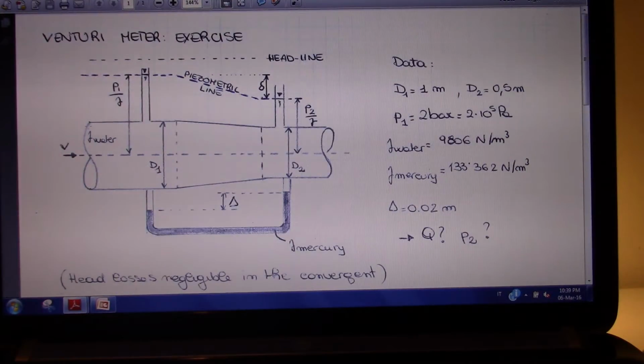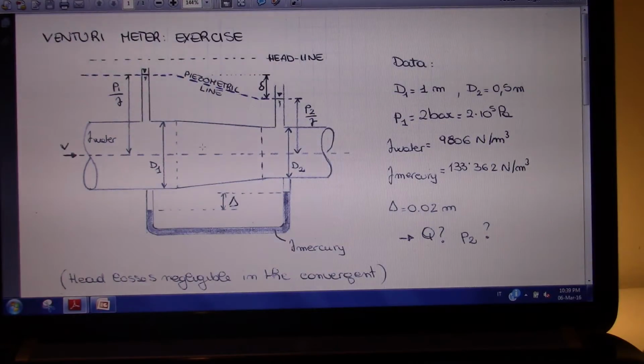So in this section right here, where you have D1, you will have a velocity which is really smaller than the velocity that we'll get here, where you have D2, because D1 is greater than D2, which means that V1 is lower than V2. But if in D2 you have an increasing of the velocity, the pressure tends to decrease.